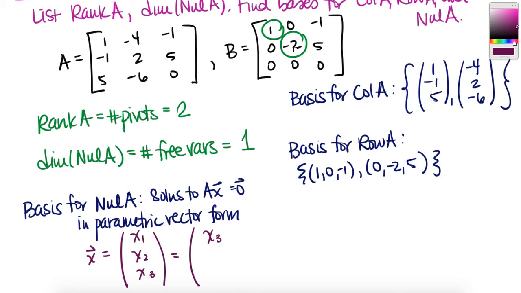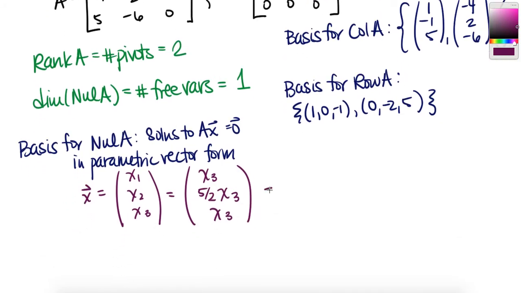So let's divide this by -2, divide this by -2. So that new row is 0, 1, -5/2. So x2 is going to be 5/2 x3, and then x3 is free.